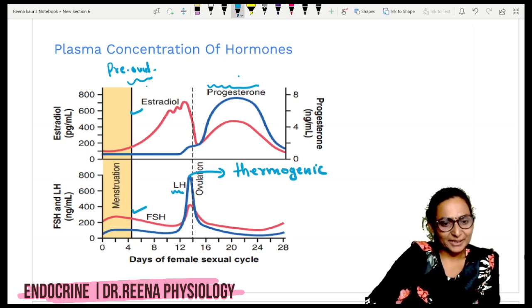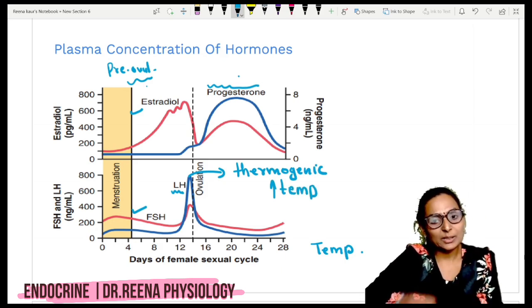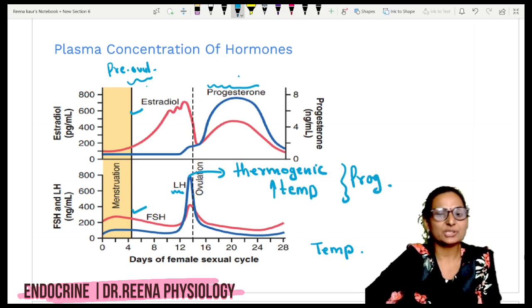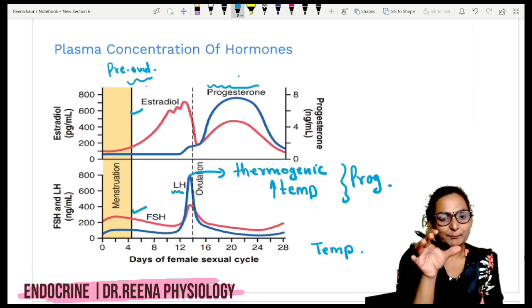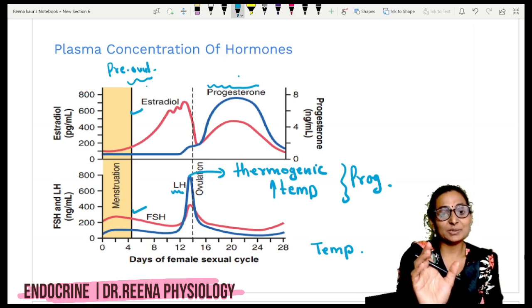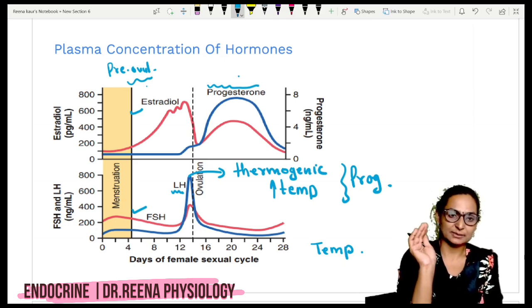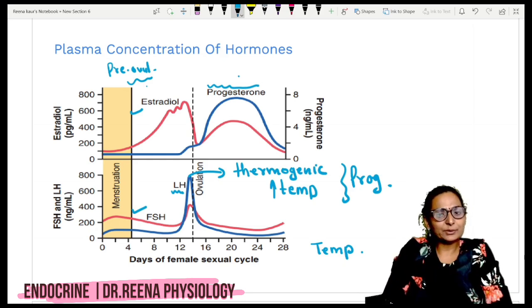So remember, if I plot temperature on the y-axis, and you are asked that this is the thermogenic effect, meaning at this time there is a rise in temperature, you should click that this is going to be progesterone. This is one of the most important topics in the female menstrual cycle as far as MCQs are concerned. So if you want to draw or take a photo, whatever you do, just keep this with you.